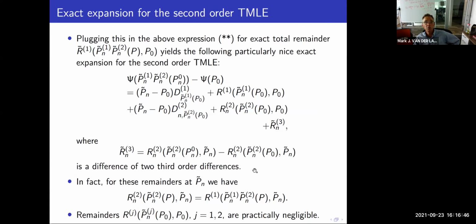And so this is an exact expansion showing that we now can approximate our estimator minus truth by an empirical mean of a sum of 2 influence curves, this plus that. This is already going to 0, so that's why this will be negligible asymptotically, but in finite samples, it can really help. And then a third order remainder. So now we have made inference, instead of relying on second order remainders to be small, only third order remainders have to be small.